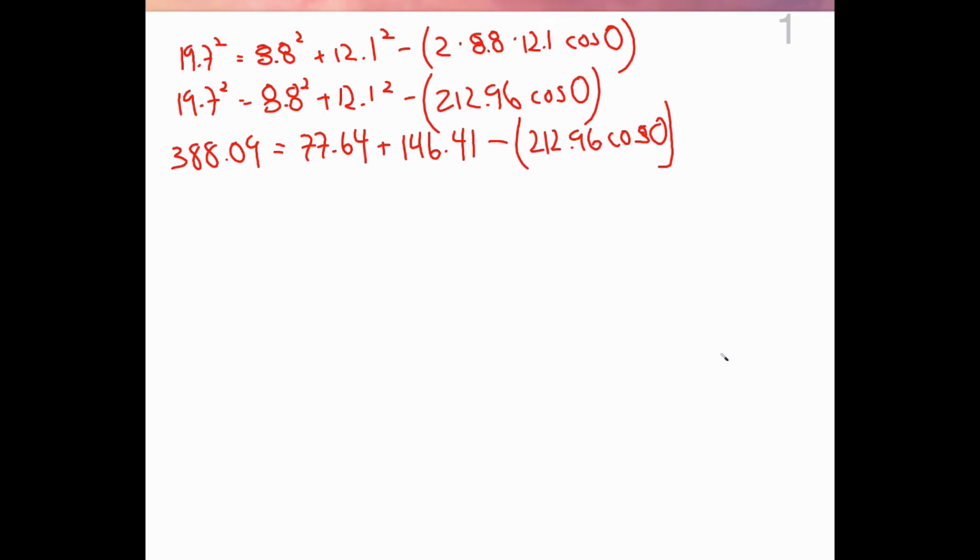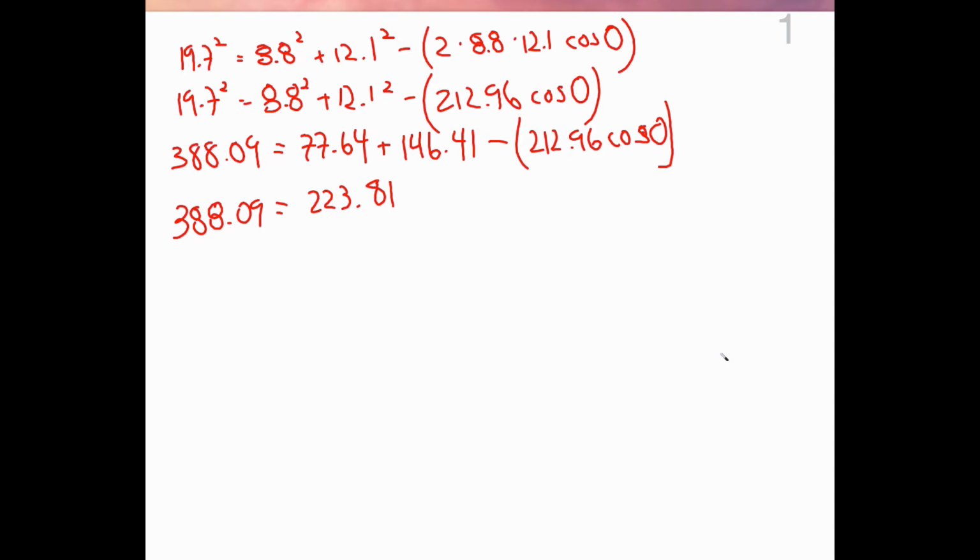Beautiful. What do you want to do next? Branch, what are you going to do next? Add the 177.64. Okay, so 388.09 equals, these two added together would be 223.81.